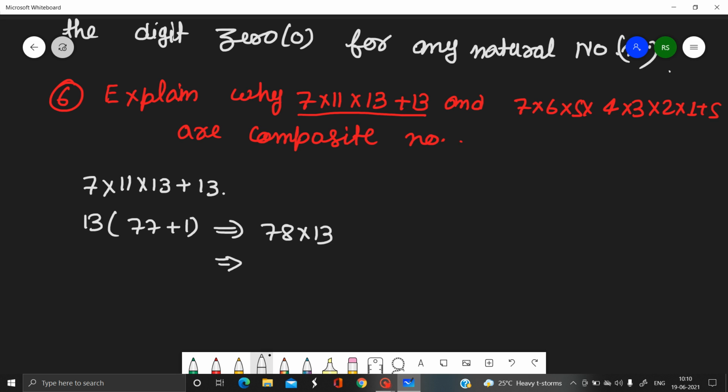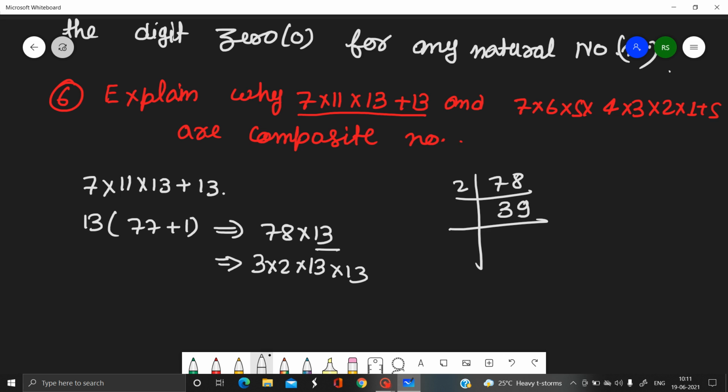We'll get 3 into 2 into 13, and 13 is already given. Let's see the prime factorization of 78, whether I'm right or wrong. When I go with 2, we'll get 39. Now 39 is divisible by 3. We'll get 13, and 13 is divisible by itself. So the prime factorization of 78 we can write as 3 into 2 into 13, and 13 is already given.